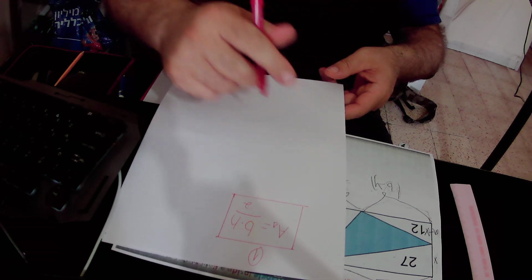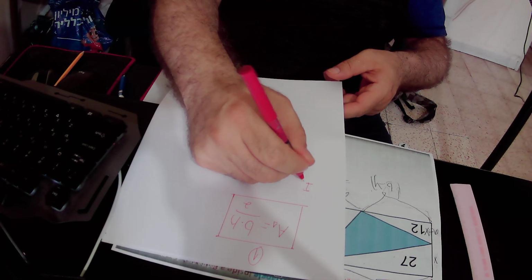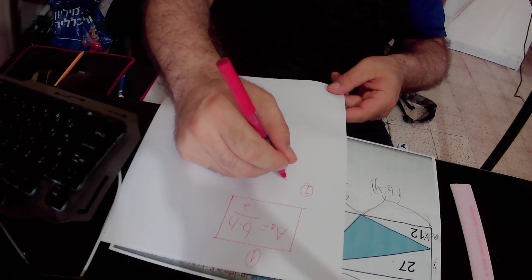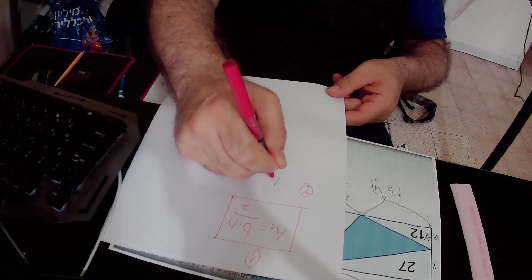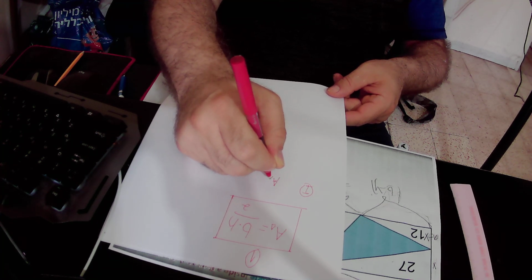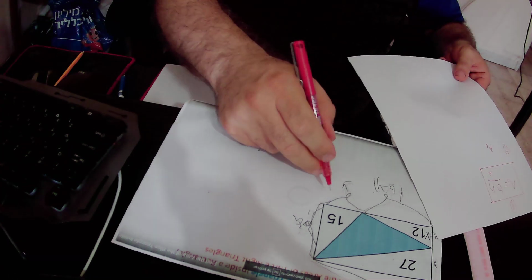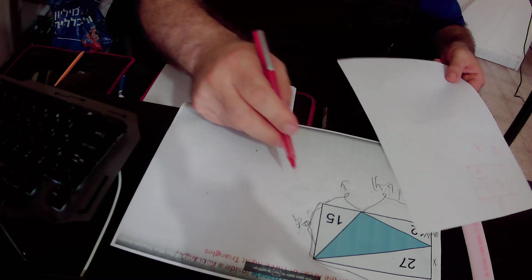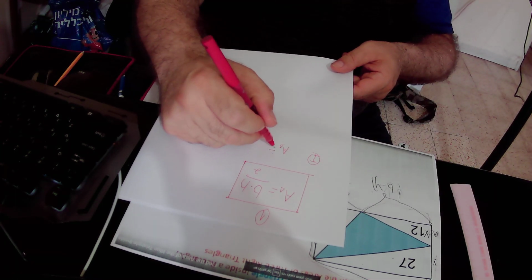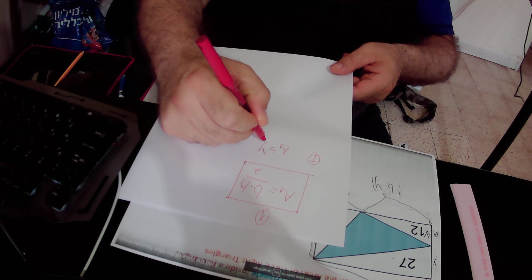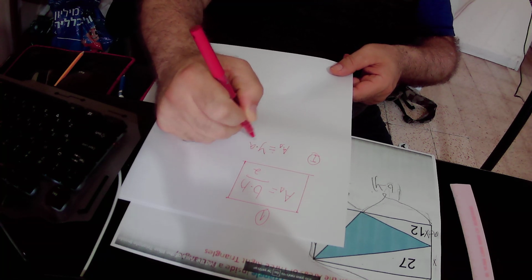Okay, we will write it down. The area of this triangle is y times a divided by 2. The base times the height divided by 2.